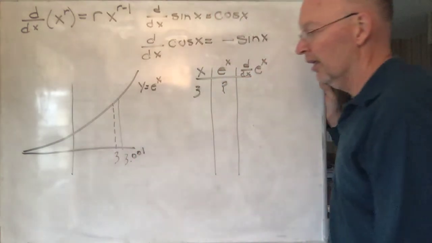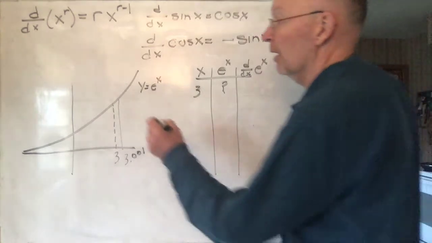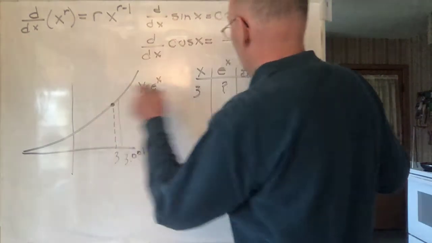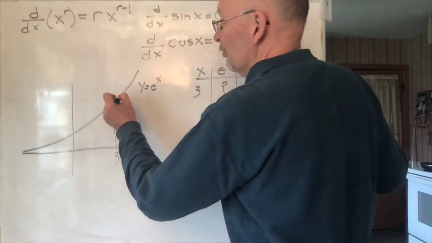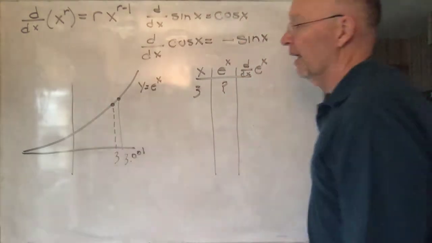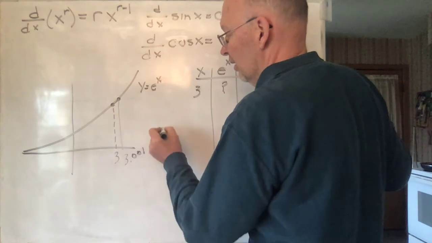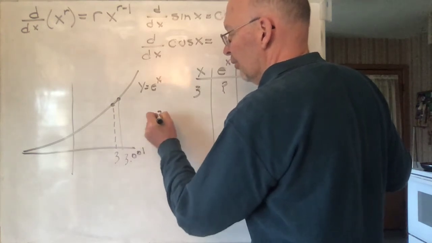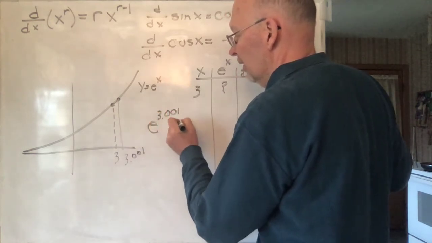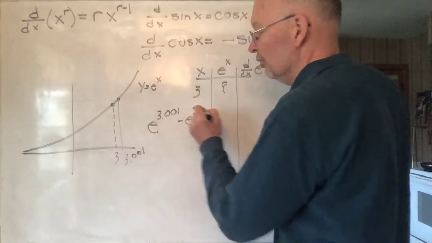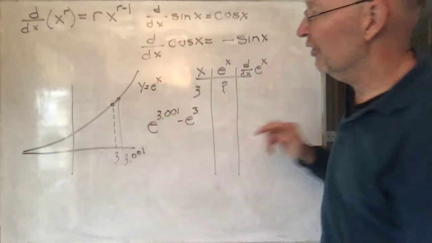That should be fine. Take this value, which you already have there. Also find this value. And then find the slope of the secant line. So it's going to be e to the 3.001 minus e cubed.